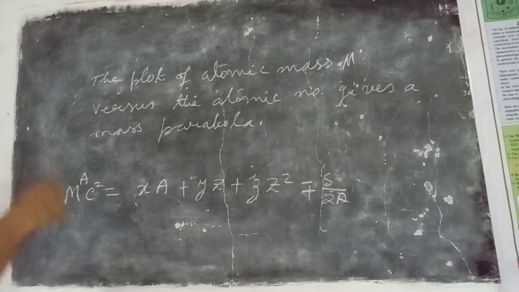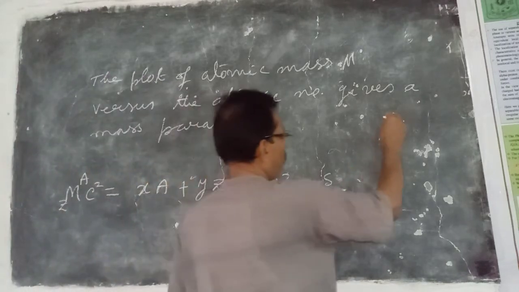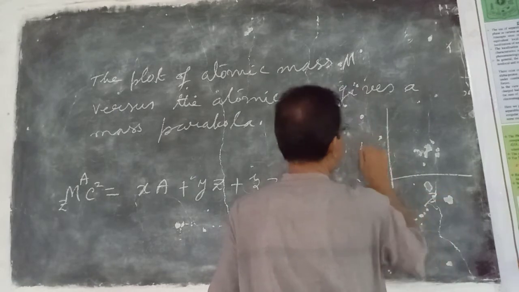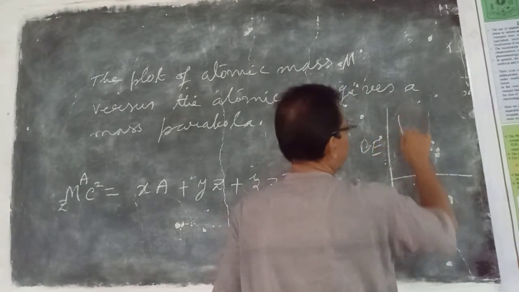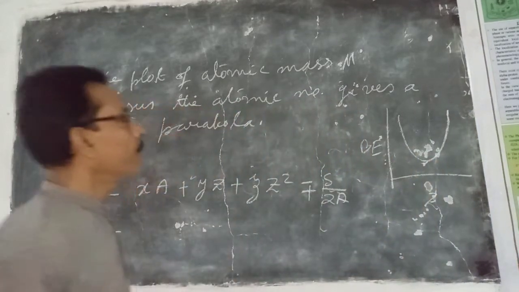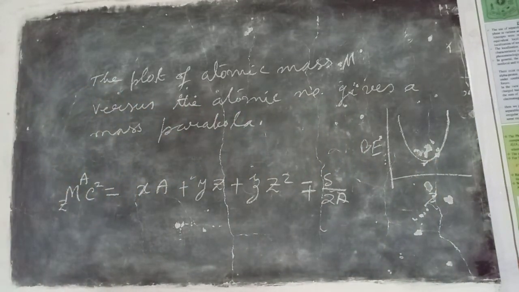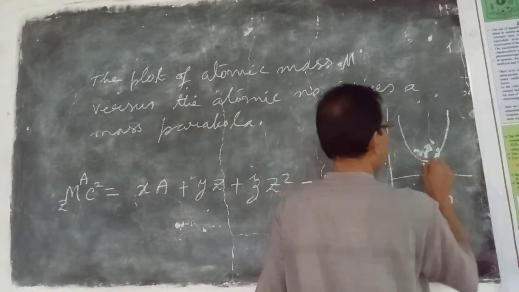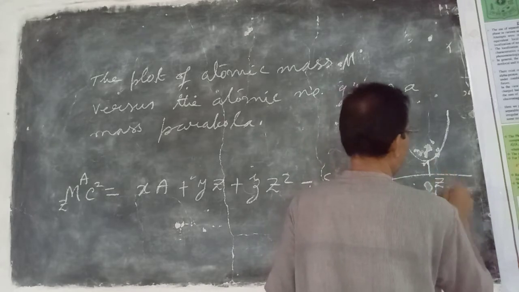If we plot binding energy or mass versus Z, then we get a parabola. So the minimum of the mass occurs, say, for Z equal to Z_A, suppose this point is Z_A.